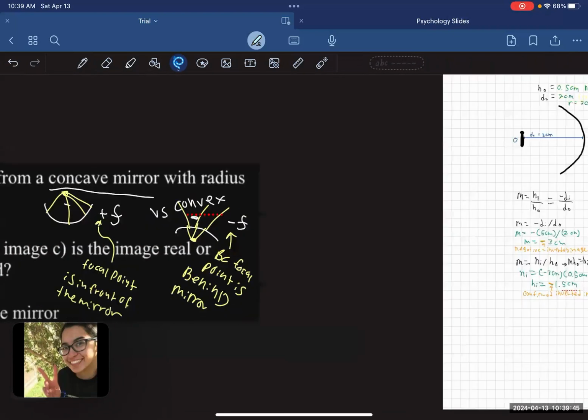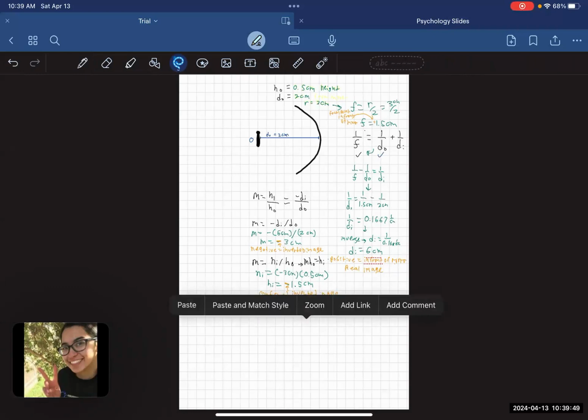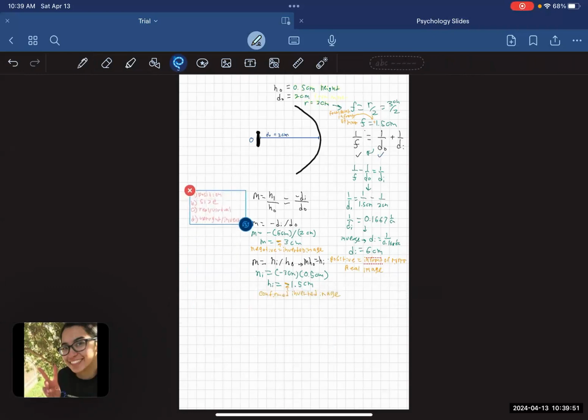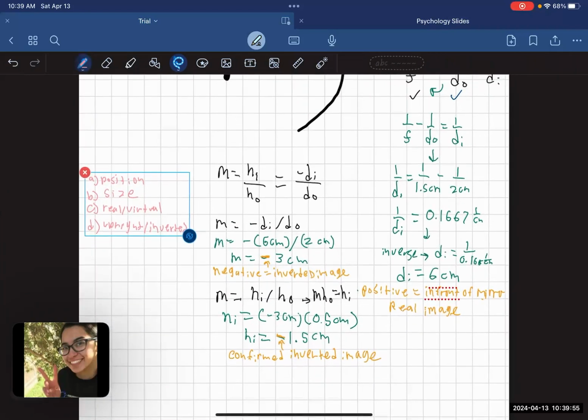Okay. So this is what the problem is asking for. And then we found that, I don't know if we found the position just yet. I mean, it would probably be the HI.